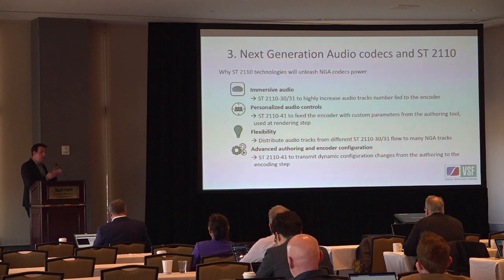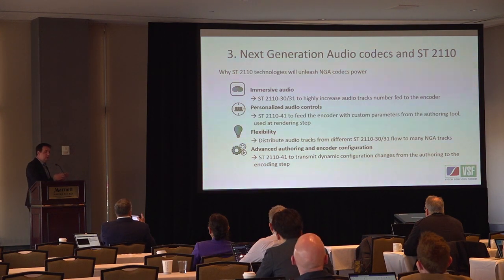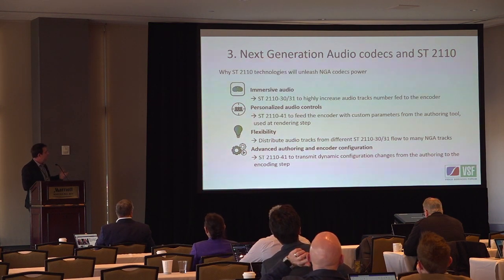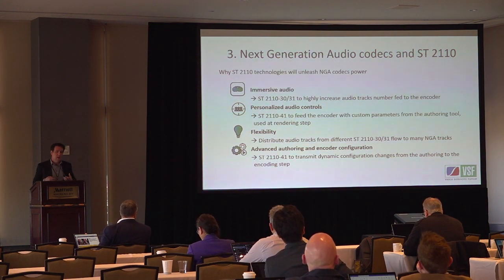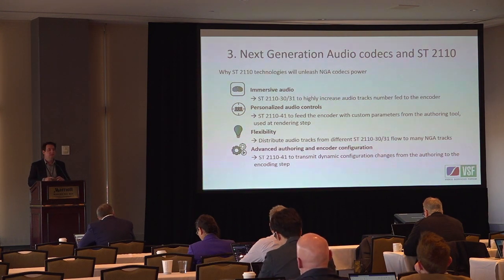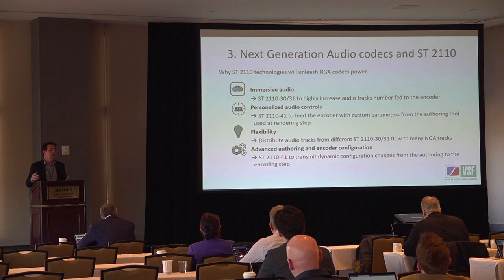So now looking at 2110 in particular with regard to those aspects, the first one about immersivity. In SDI, you were usually bound to a limit of 16 channels per link. And as I just mentioned, with NGA, you want to go to a much higher number of channels.